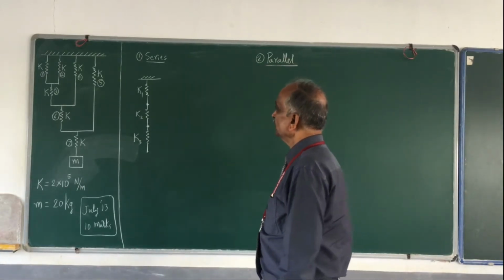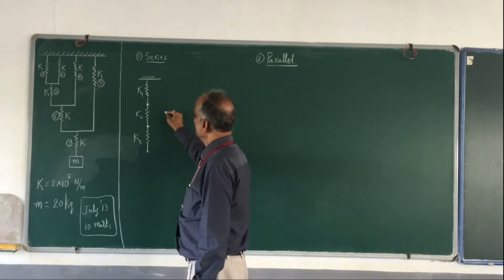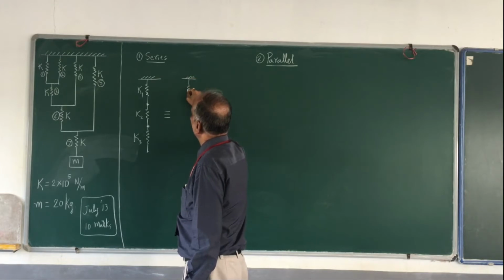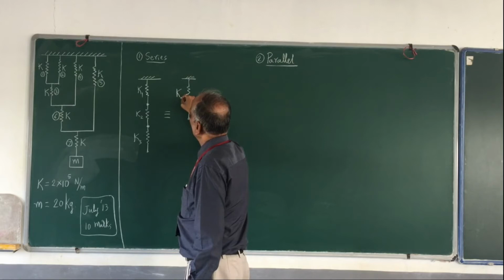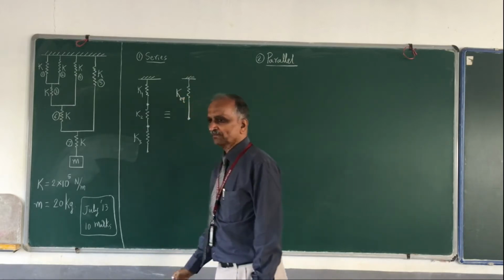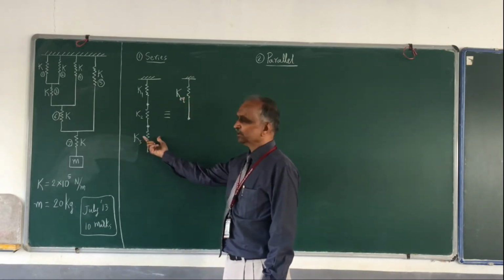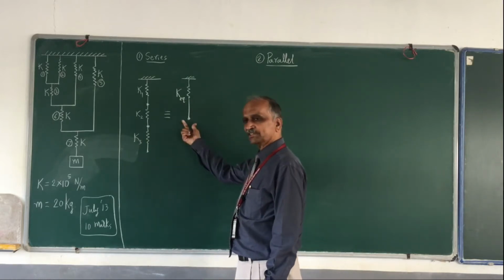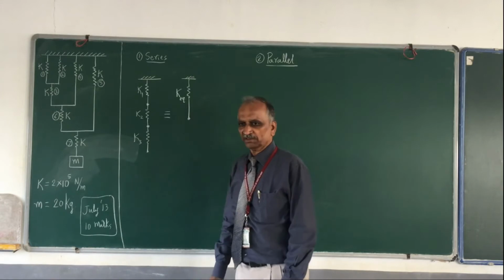Now the same thing can also be considered as an equivalent stiffness. I have only one spring, and I shall call its stiffness K equivalent. This is one system in which you have 3 springs arranged in series. This is another system which has only 1 spring.